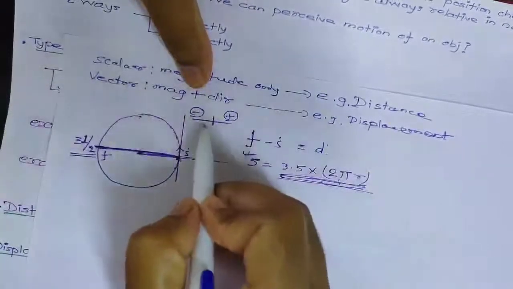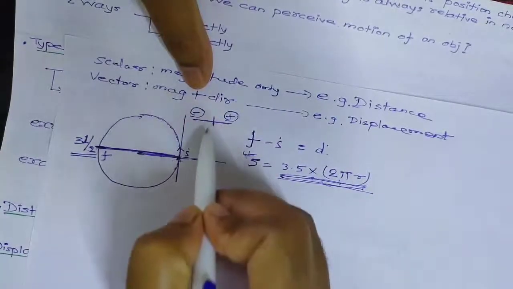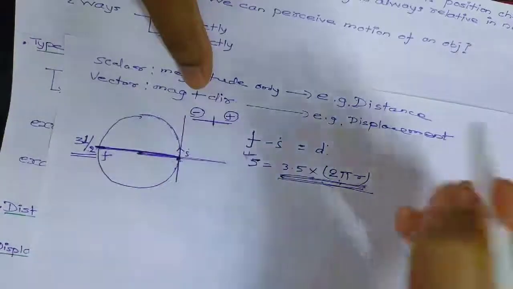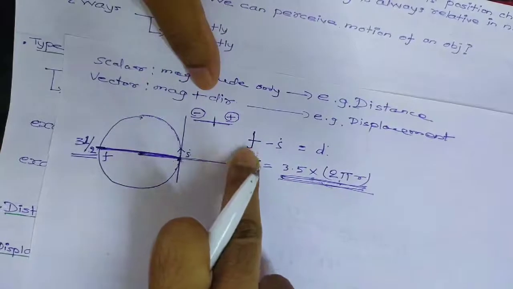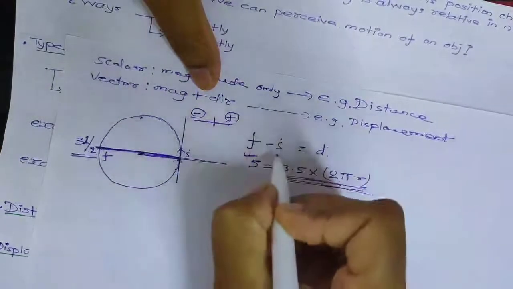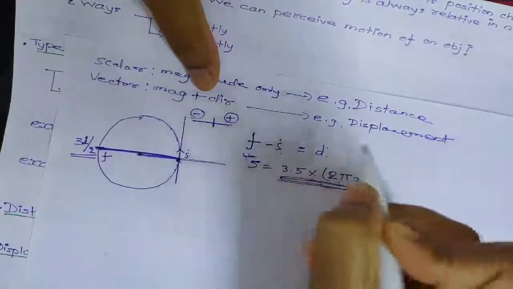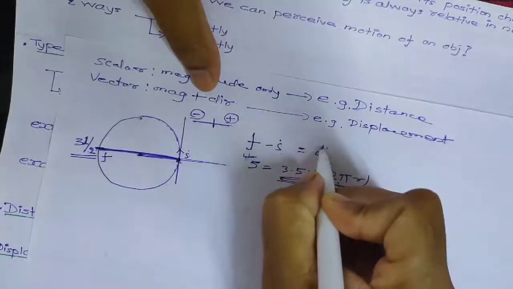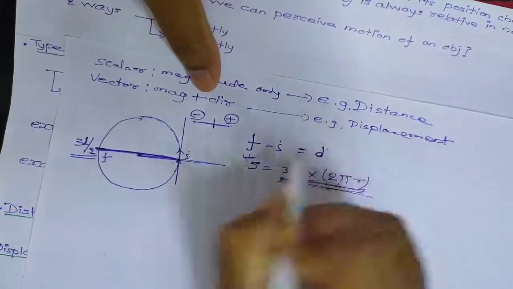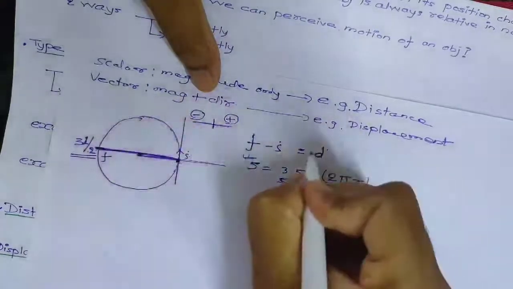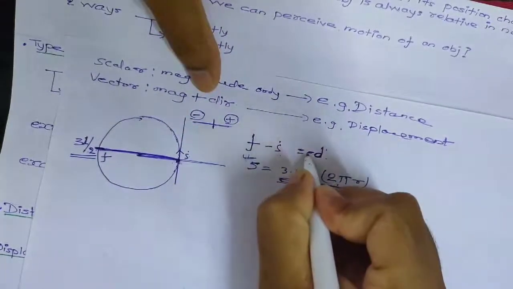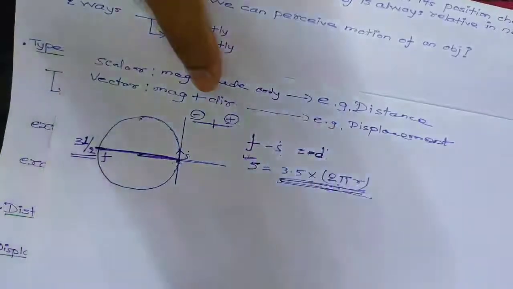As per this sign convention, displacement is the shortest distance between the final and initial position, so it will be the diameter. In which direction has the displacement taken place? Negative direction. So this is the value of displacement.